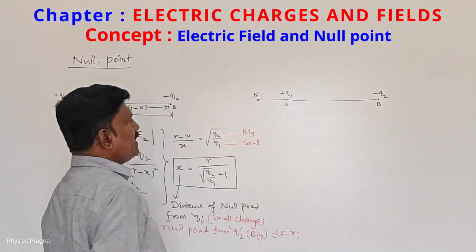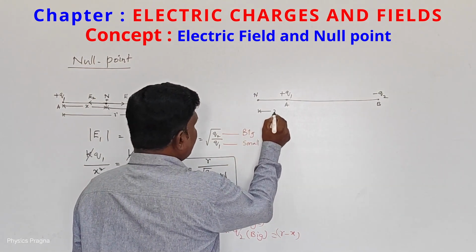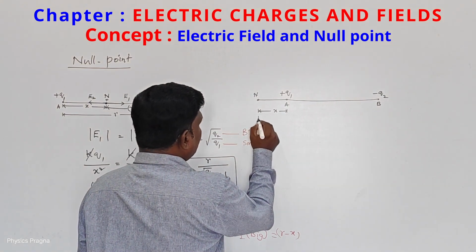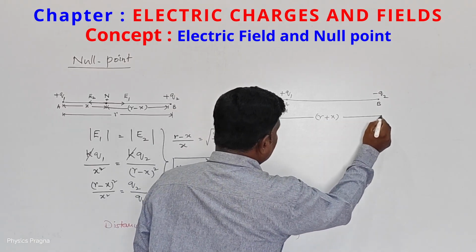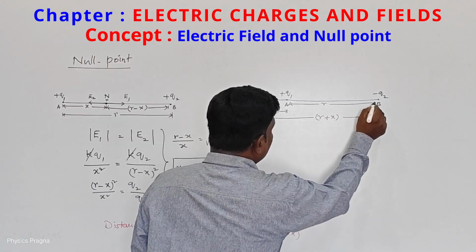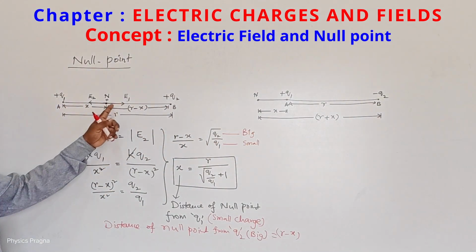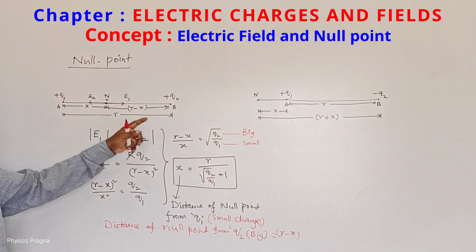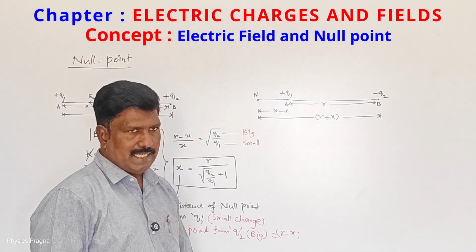This is N for the null point. So this is X here and this is R plus X here. The distance between them is R. So don't forget, like charges X and R minus X, unlike charges X and R plus X.